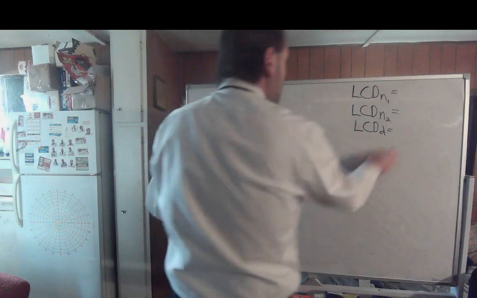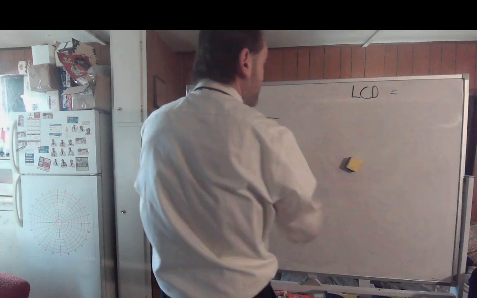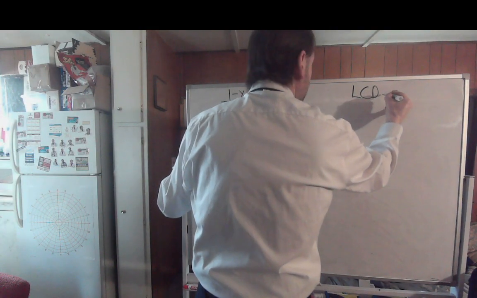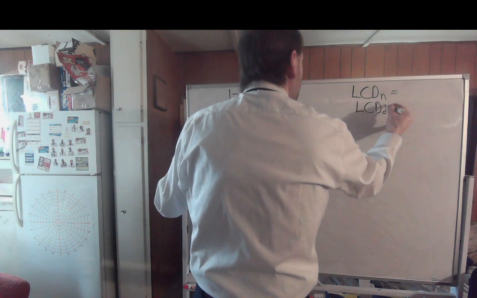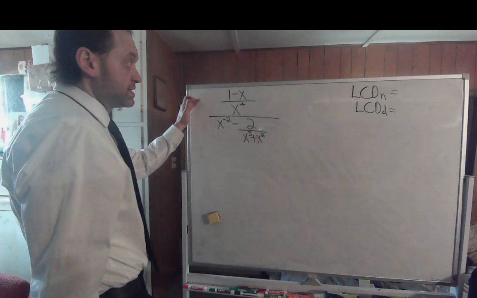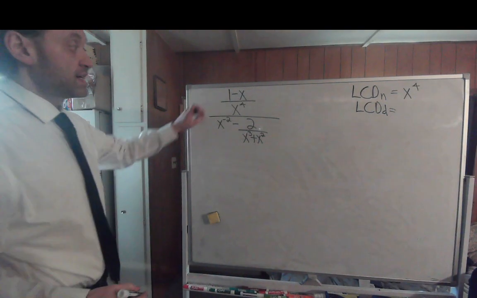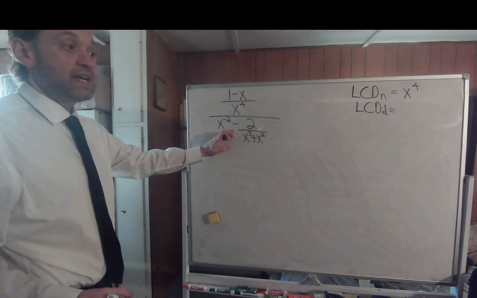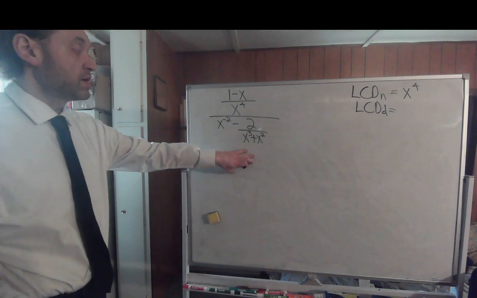Well, I think we're good now to go back to just the general numerator and denominator, least common denominators. Well, I think the numerator's least common denominator is x to the fourth. That'll be pretty easy. So we have 1 minus x over x to the fourth all over x to the negative second minus 2 all over x cubed plus x squared.